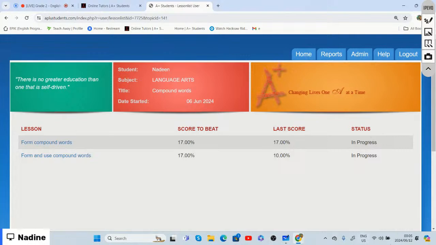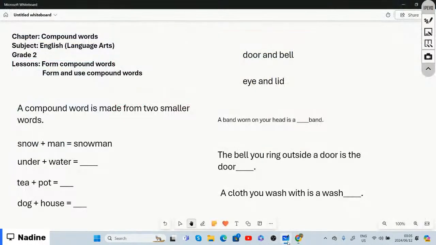Our chapter is compound words, and the lessons we are going to be focusing on are to form compound words and to form and use compound words.